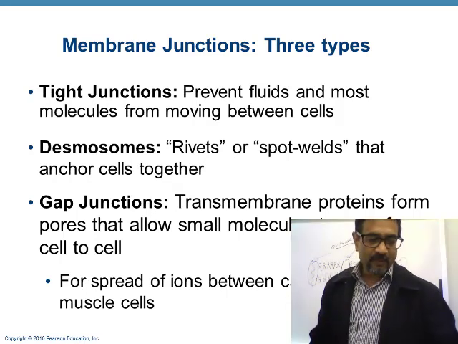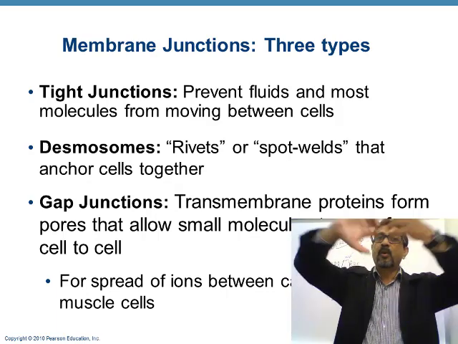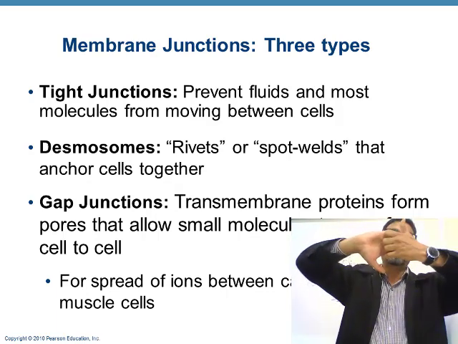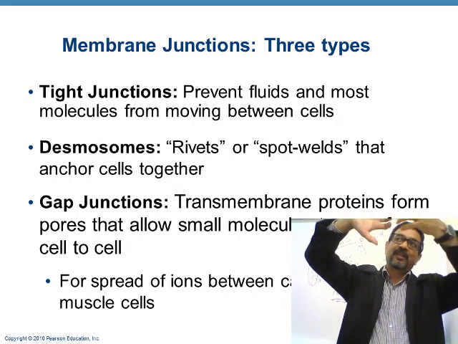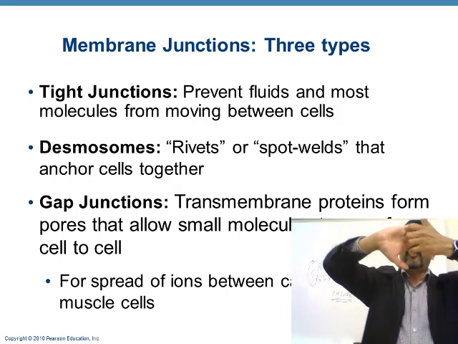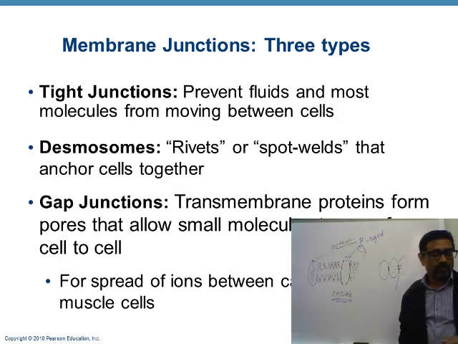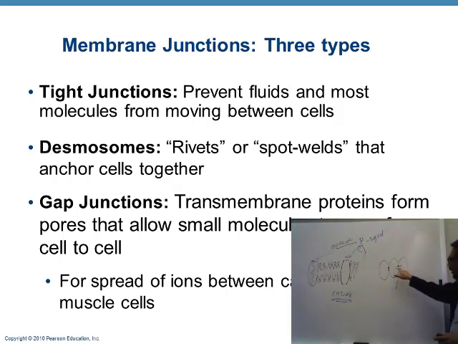Desmosomes. Desmosomes are the junctions that hold the cell membranes very strongly, so they will not get easily separated. And gap junctions, as the name tells you, have many holes or pores. Through the gap junction, the ions or molecules or fluid can easily pass from one cell to another.